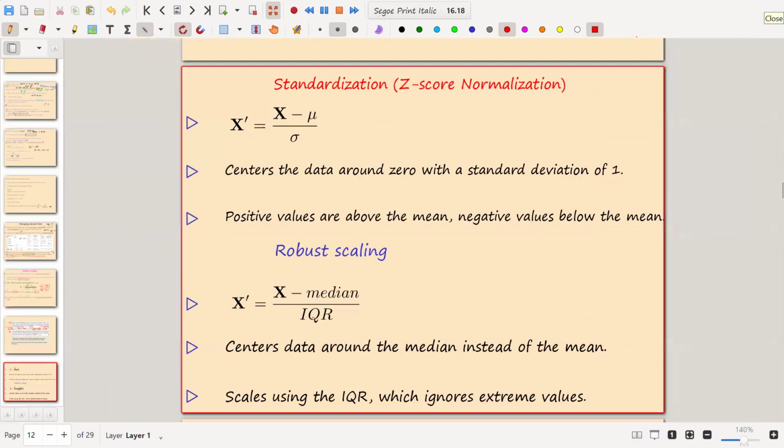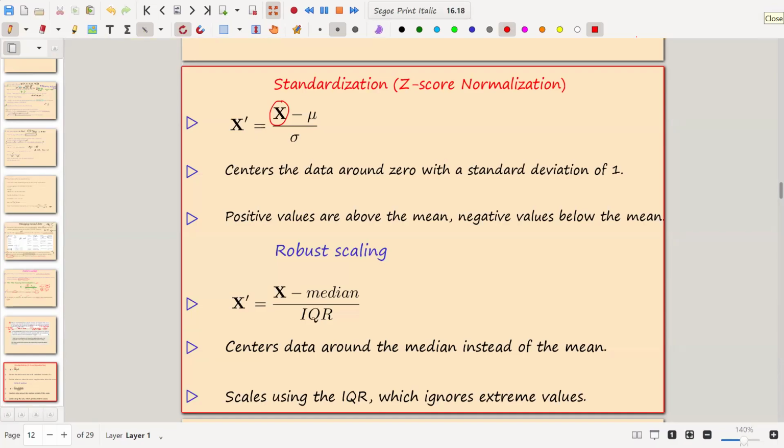Last class we also saw this quantity already: z-score normalization. Each value of your data set will have its corresponding z-score. Each value of your data set, represented by x, you subtract the mean and then divide by the standard deviation, right?